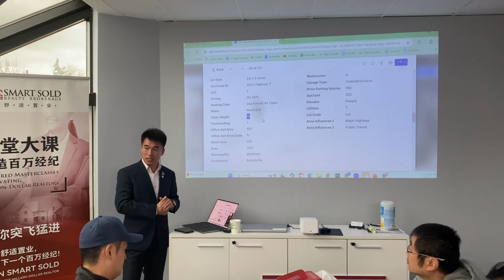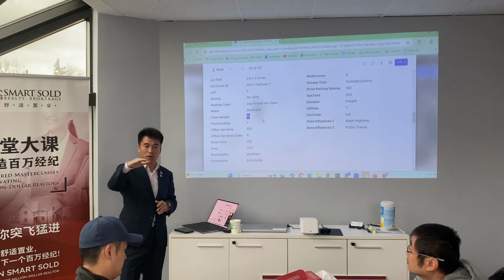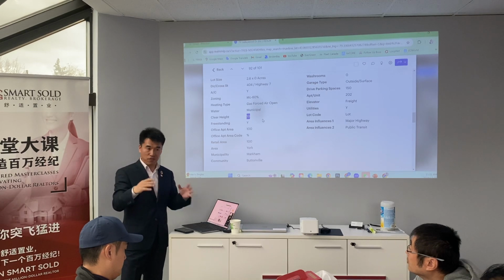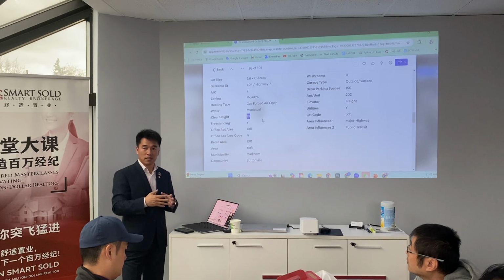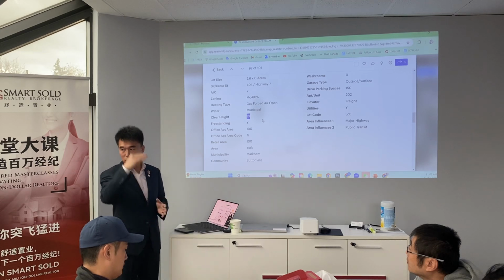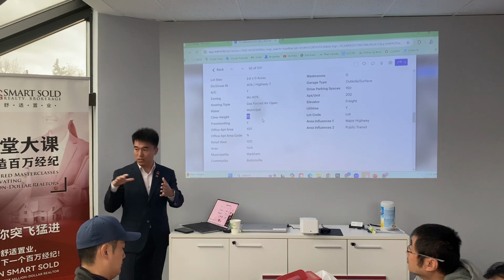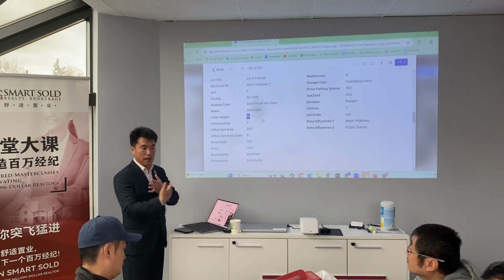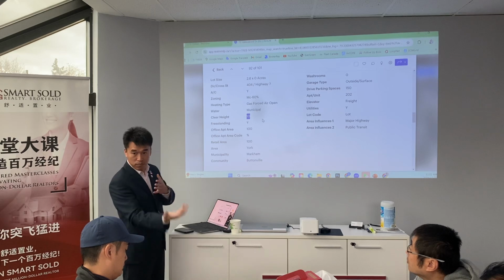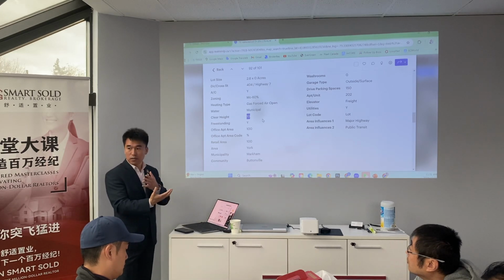Because with 28, you can simply divide it into 2 floors, if you need it, right? And in most cases, if a tenant rents a 28, they may cut the front part as 2 floors as office or showroom, and the back part as warehouse. Okay, question here.